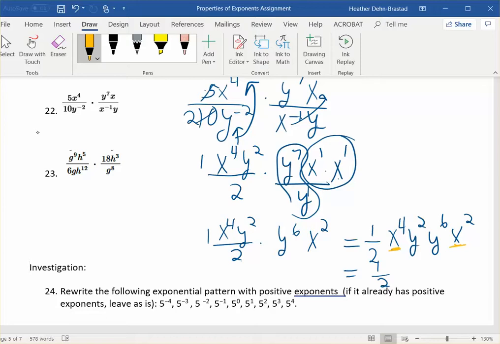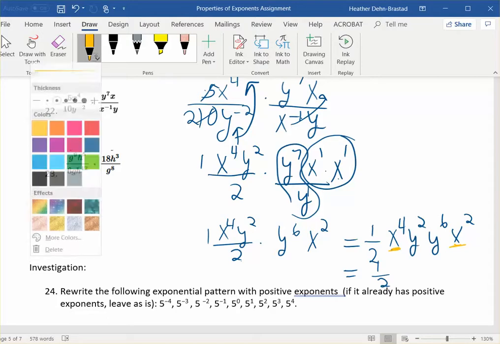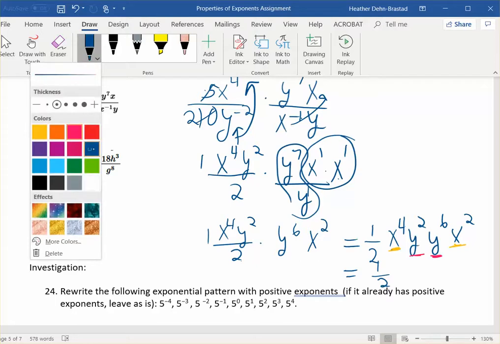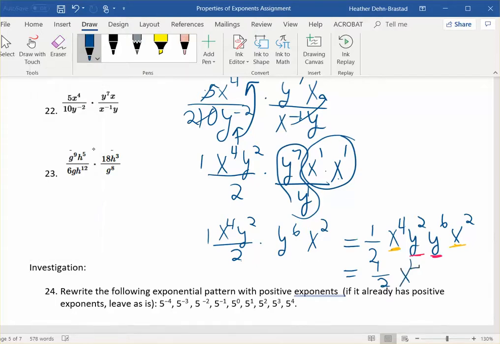Those can be combined. And we also have y to the 2nd, y to the 6th. So you're going to be able to write this as x to figure out the exponent and y and figure out its exponent. And then you'll be all done.